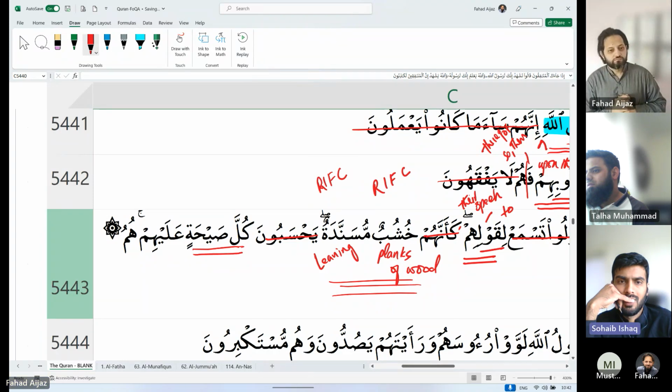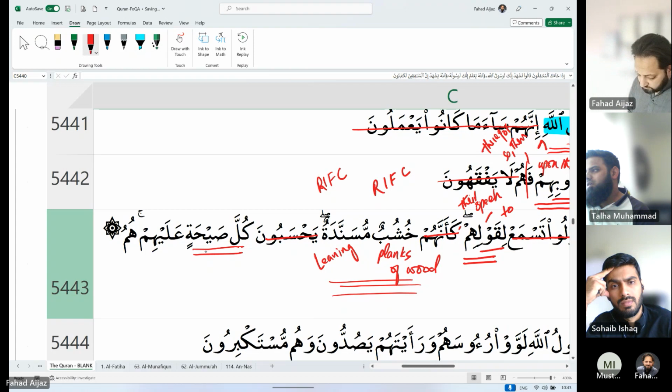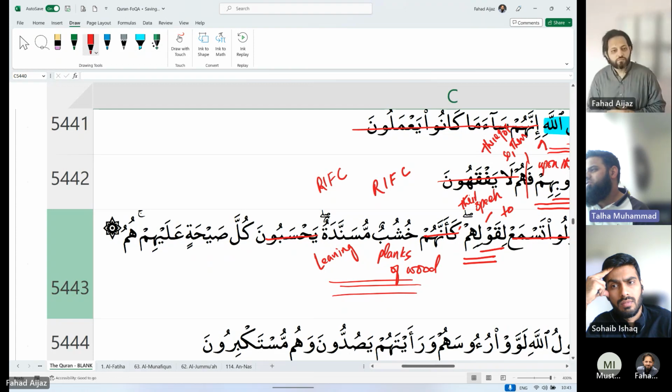Kulla is not harf, right? So it's light with no al, followed by jar. But let's talk about kulla, like all. Let's see if we know something about kulla.